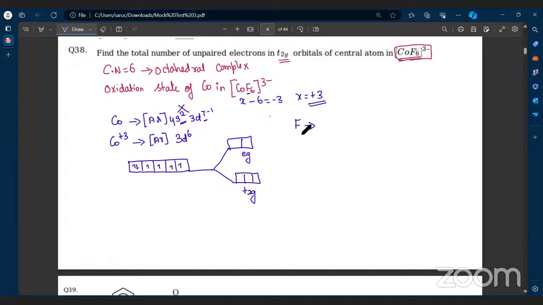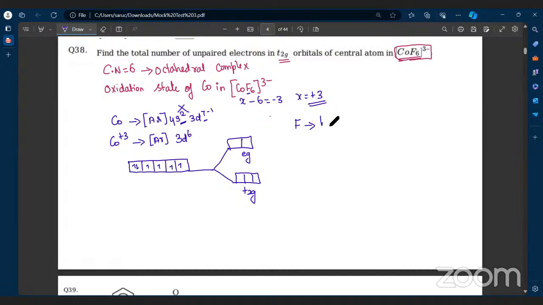So tell me, is fluorine a strong field ligand or a weak field ligand? It is a weak field ligand.